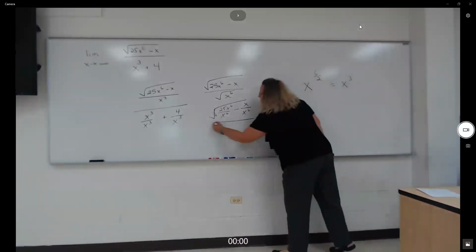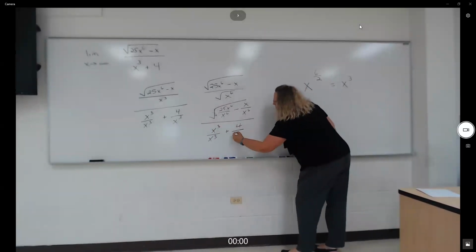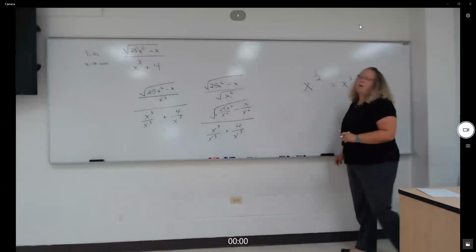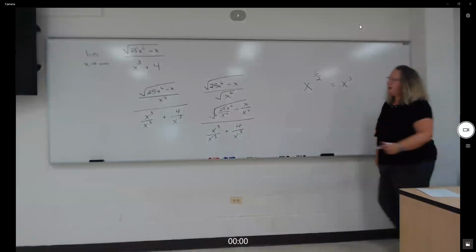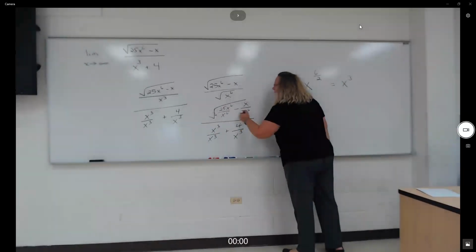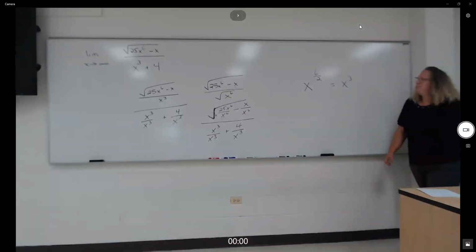And then I still have this guy, x^3 over x^3, plus 4 over x^3. So the square root makes it a little bit harder. You have to double it and put it with the square root, but that allows me then to put these inside the square root. That's the trick.